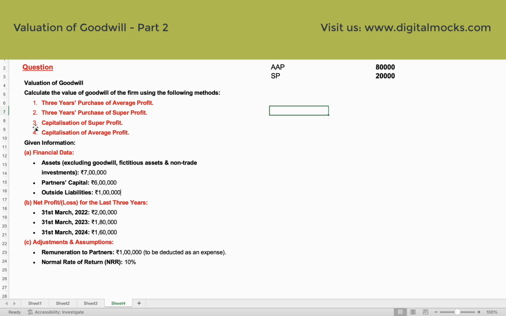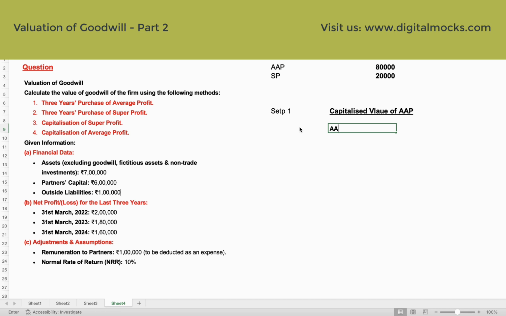Before we discuss method three, first I am going to cover method four, capitalization of average profit. In step 1, we need to calculate the capitalized value of actual average profit, AAP.